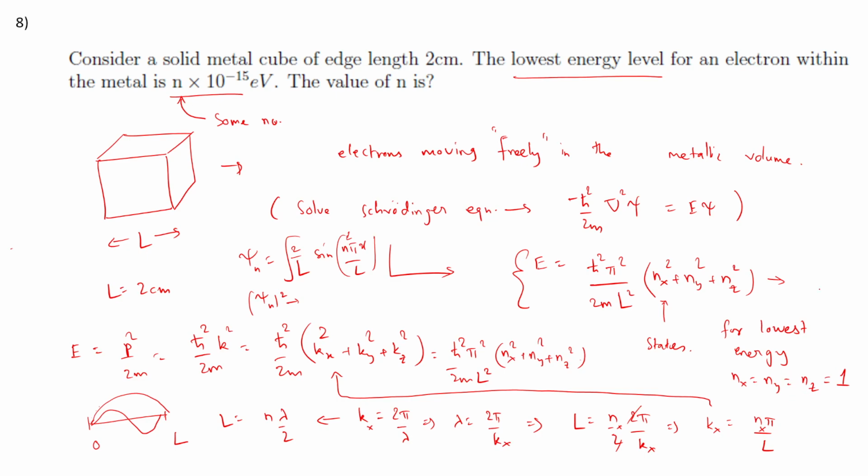And when you do this, what you get is 3 by 2 h bar square pi square over m L square. Now you have L equal to 2 cm, m equal to 9.1 into 10 to the power minus 31 kg, and h bar equal to 1.05 into 10 to the power minus 34 joule second, and you will get the value.